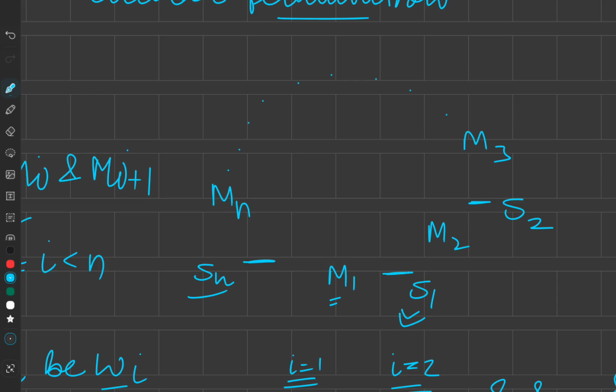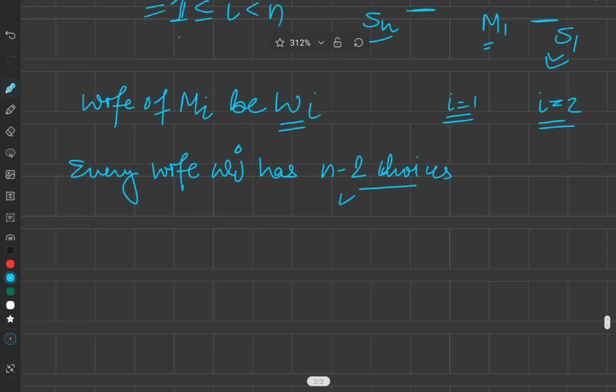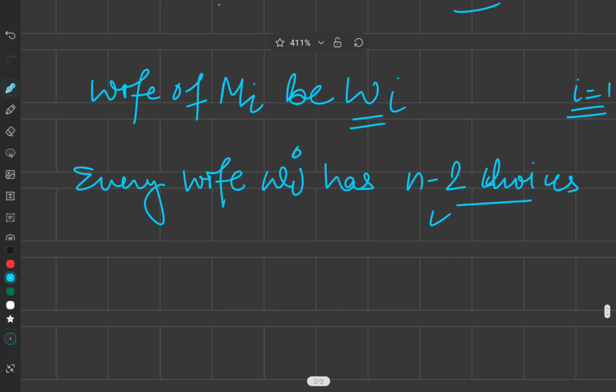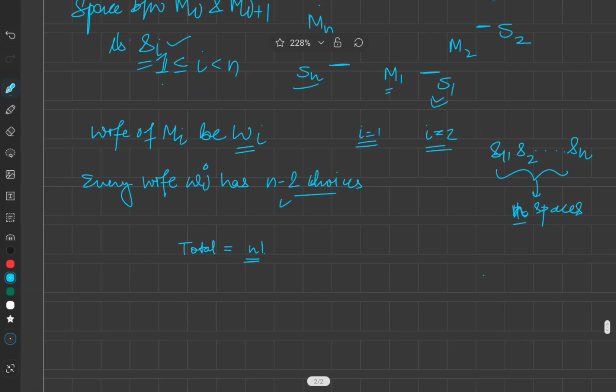So this has to be handled like normal permutations. There are n women, and we first select n women, that is nCn, which is one, and to arrange those women, the ways are n factorial.